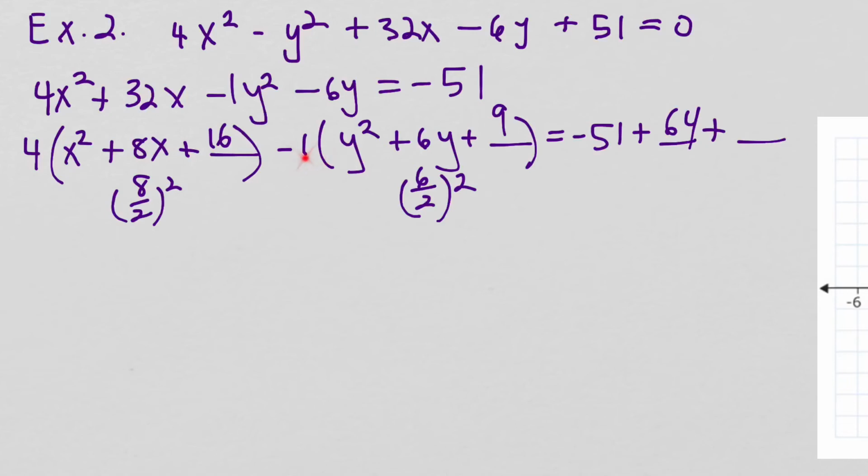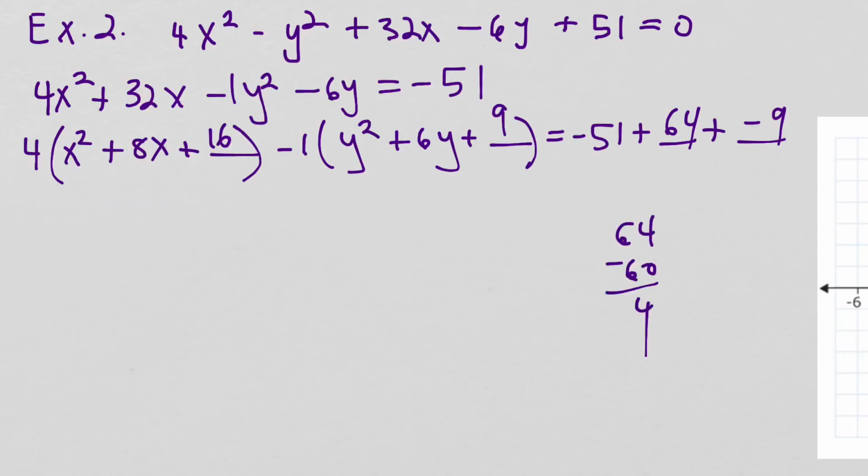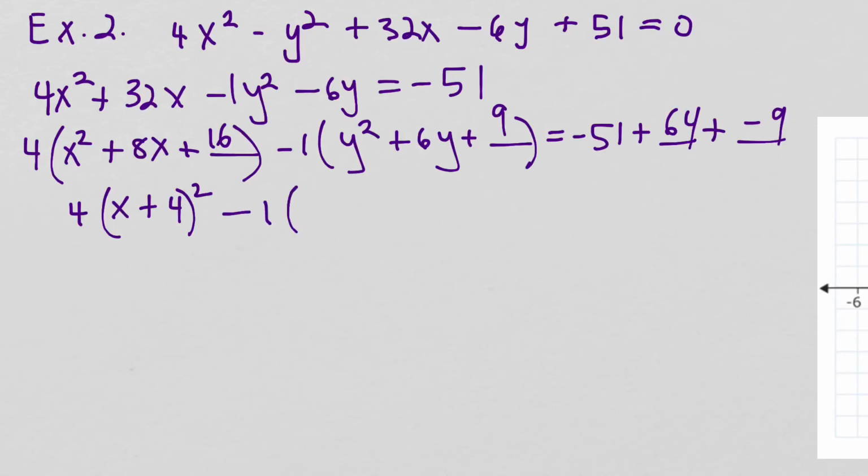Here, I really added negative 1 times 9, that's negative 9. Alright, so now I combine all those numbers on the right, and I get 4. So I have 4 times x plus 4 squared minus 1 times y plus 3 squared equals 4.